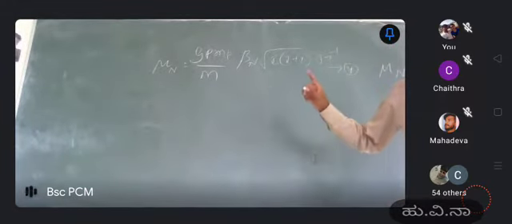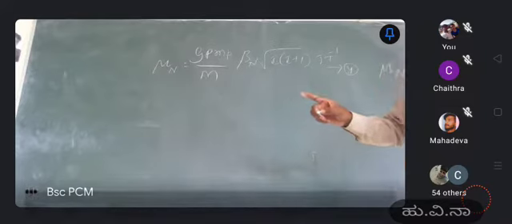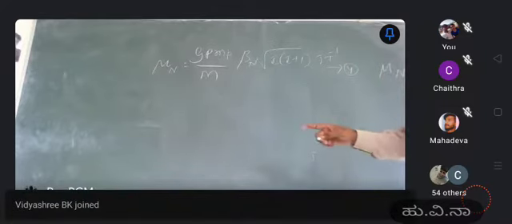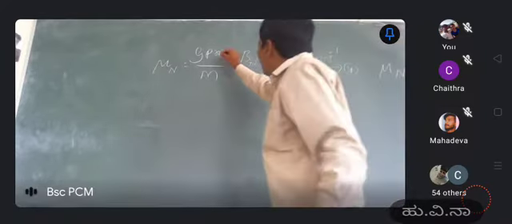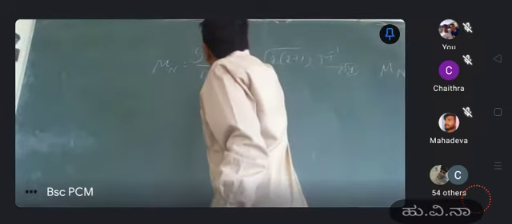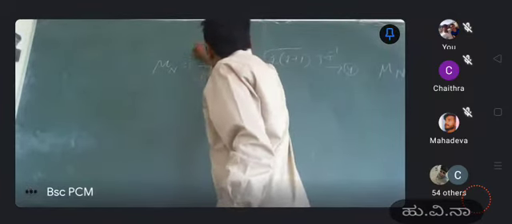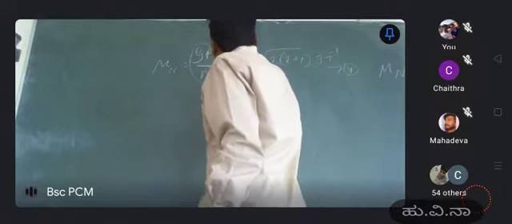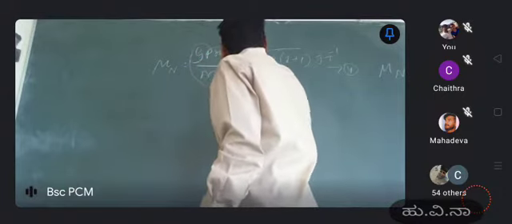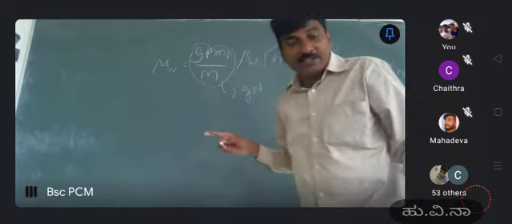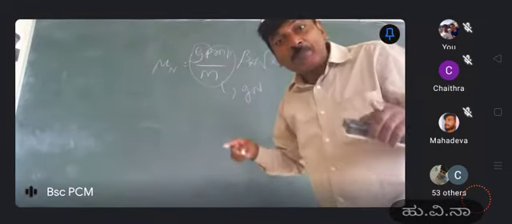But G P m p divided by M is equal to G n. This is nothing but G n, also called the nuclear splitting factor.